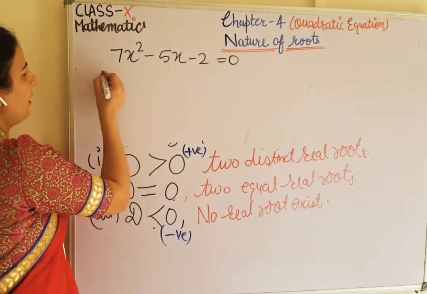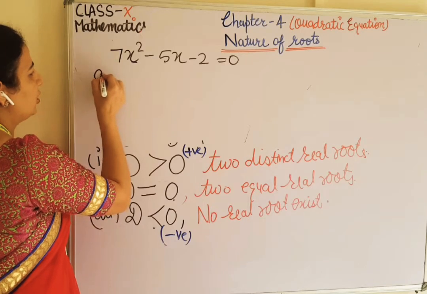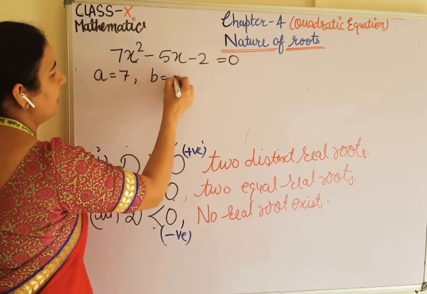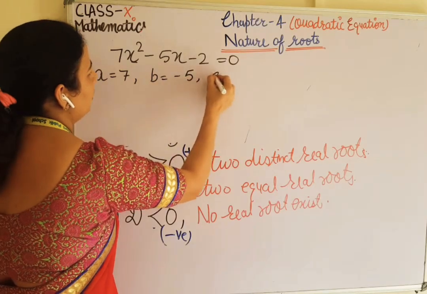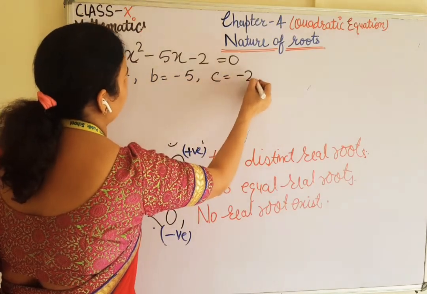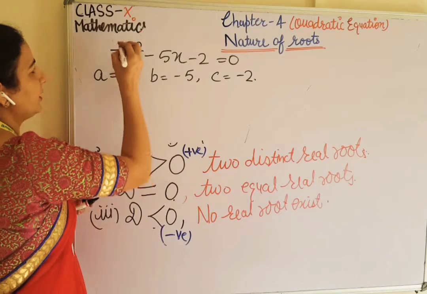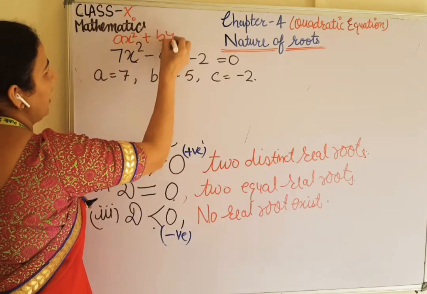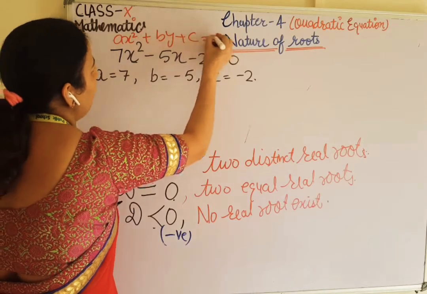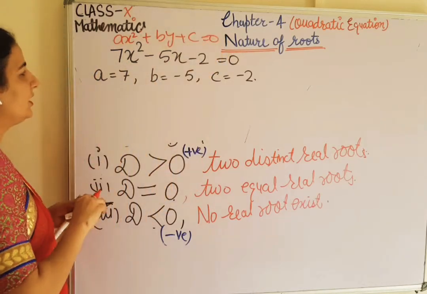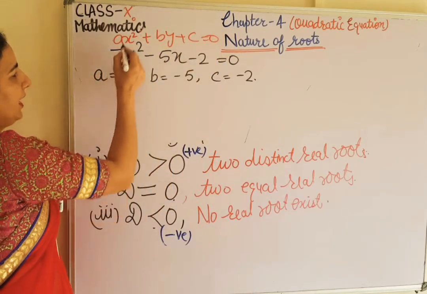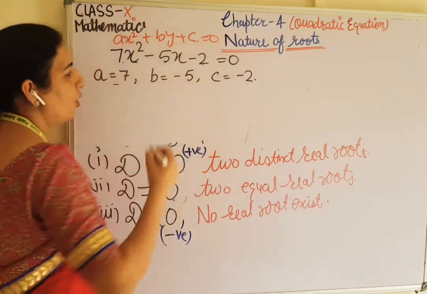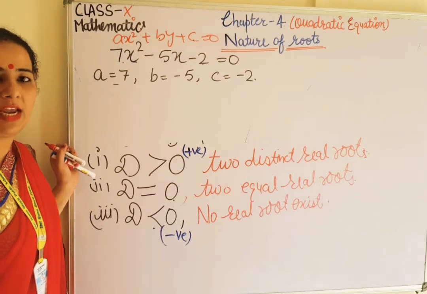The coefficient of x² is a, the coefficient of x is b, and the constant part is −2, because the standard quadratic equation is ax² + bx + c. We find these just by comparison: a is 7, b is −5, c is −2. So these are the values of a, b and c.